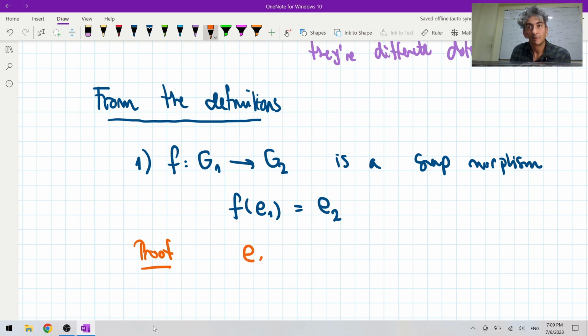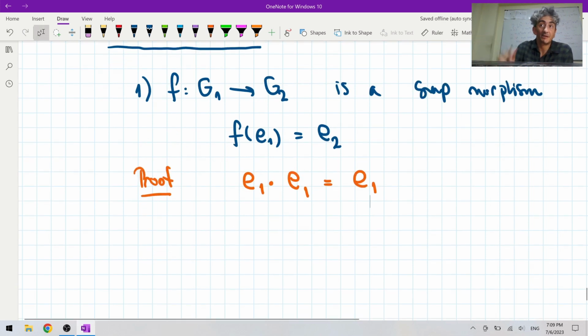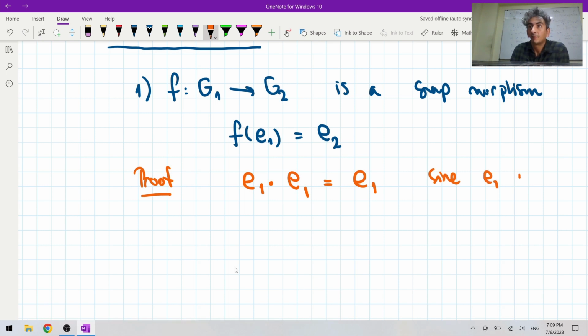Well, the neutral element, when you act it on itself, gives itself the neutral element. This identity is trivial since E1 is the neutral element of G1.